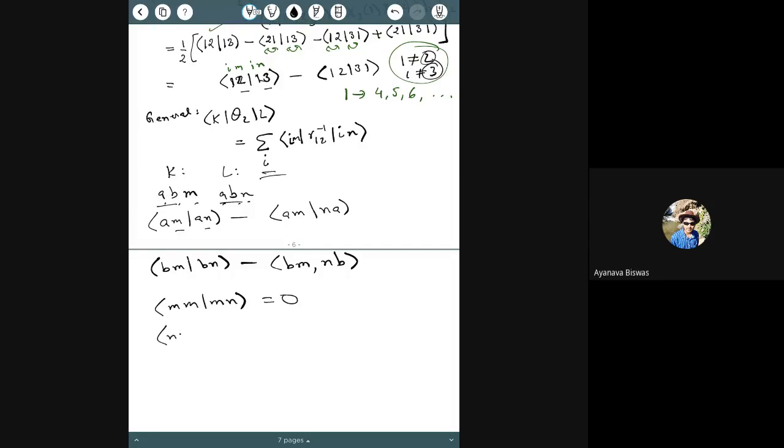If I do N, N, that is also 0 by property of determinants. So M and N are not dummy indices. They are particular indices. You cannot sum over them.